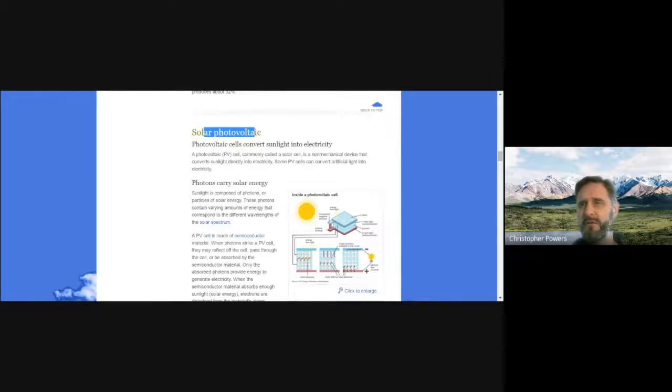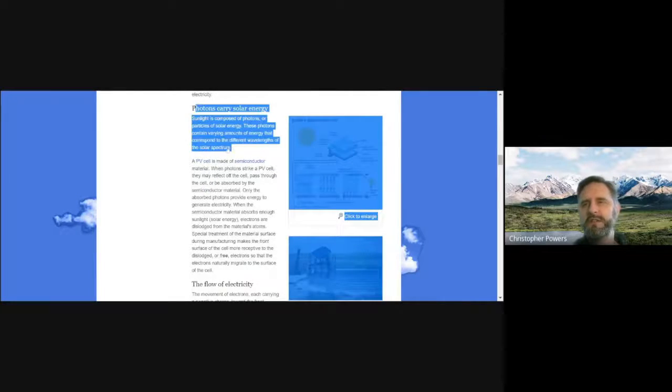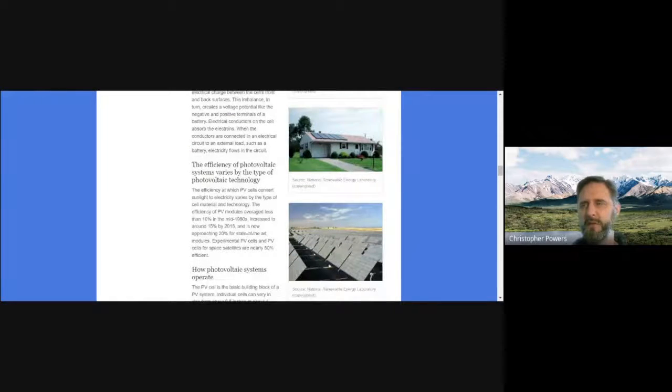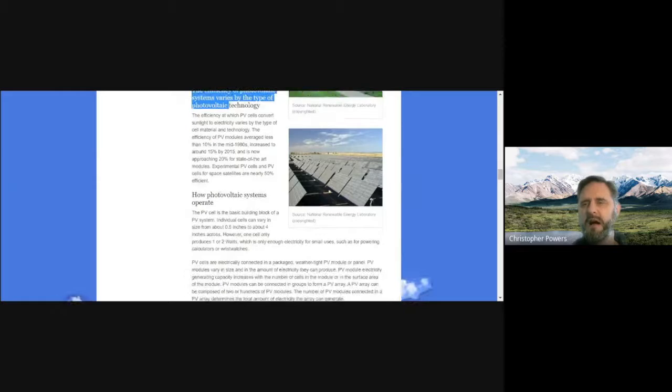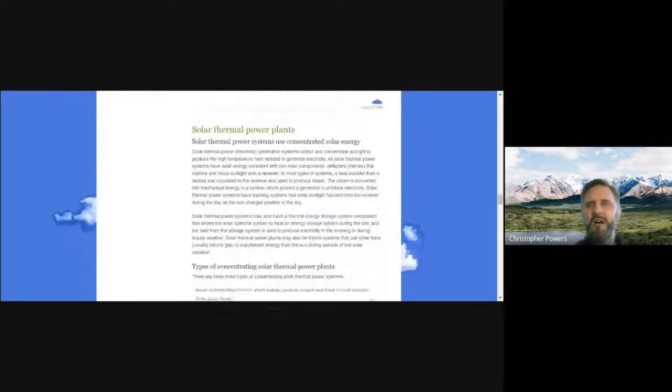This is a description of how solar photovoltaic cells work, converting sunlight into electricity. Photons carry solar energy, and so on and so forth. Okay, so it talks about the flow of electricity from solar, how photovoltaic systems operate. Okay, so it goes. This is a long outline.